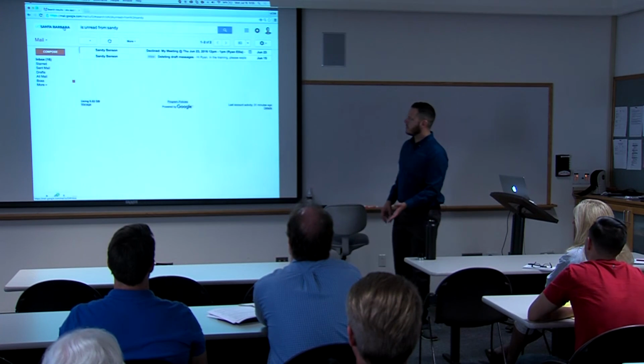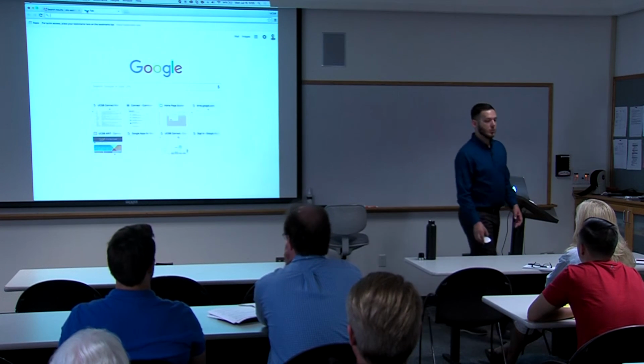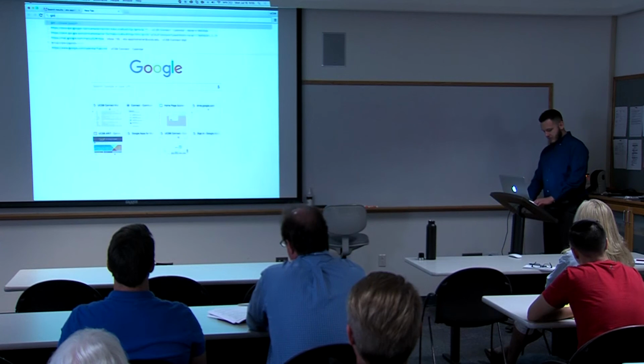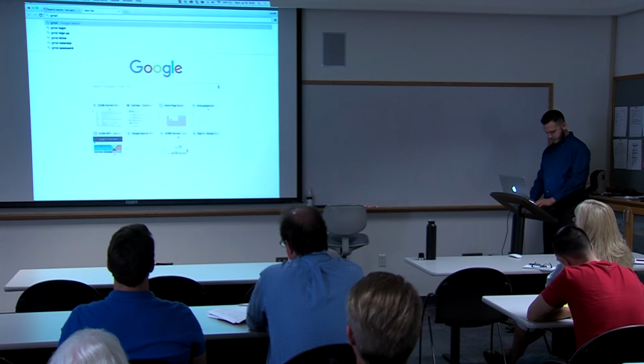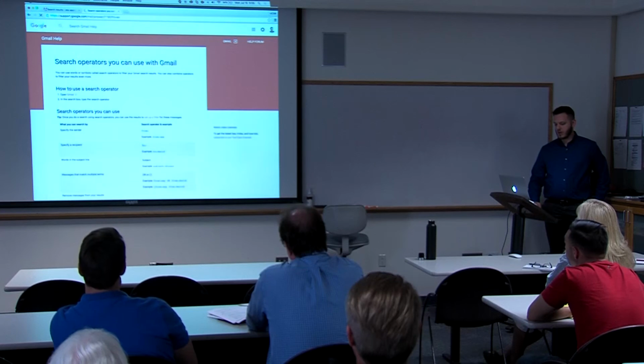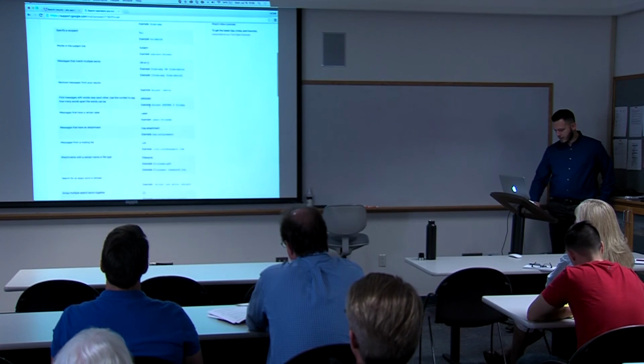Ooh, and it kind of brings up another thing. When it comes to that advanced search, those were just a couple terms that I gave you. But if you go to google.com and do a search for Gmail advanced search, there it is. The first article you see is a full list of all the operators available to you. So to, from, subject is on there.